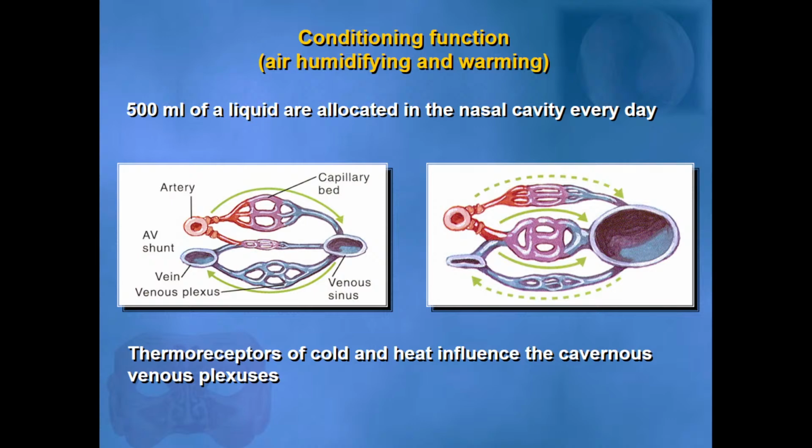You know that approximately 500 milliliters, or half a liter, of liquid is produced in the nasal cavity every day, and because of the proper functioning of the mucociliary transport system, you don't feel this, because all this liquid is transported to the nasopharynx and then swallowed into the stomach.